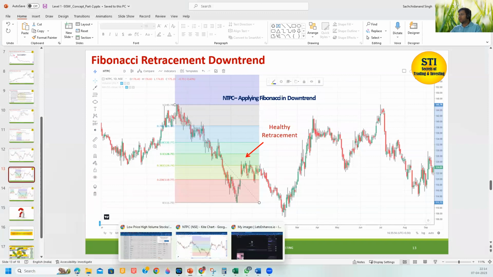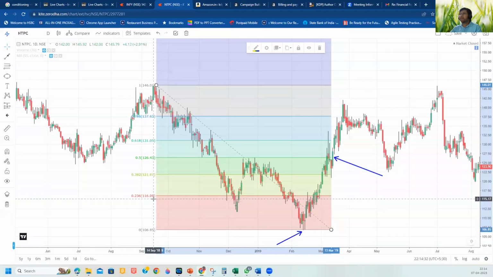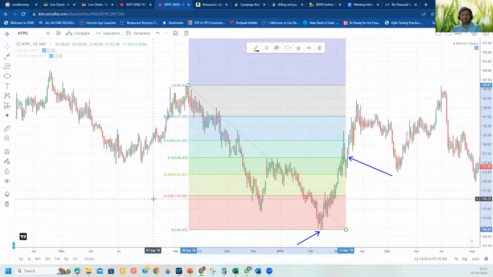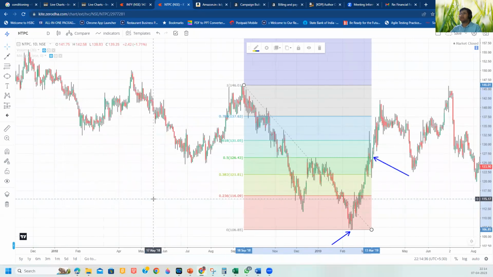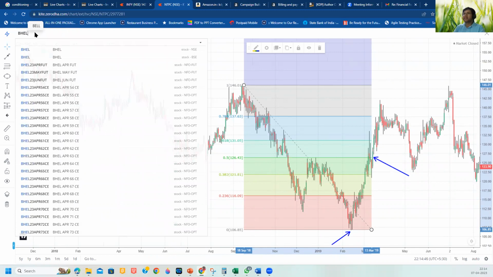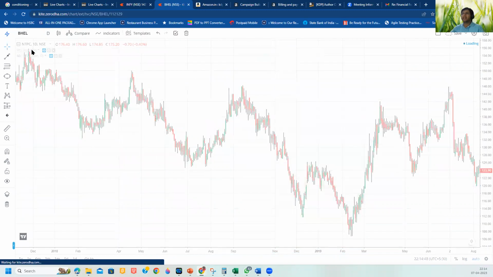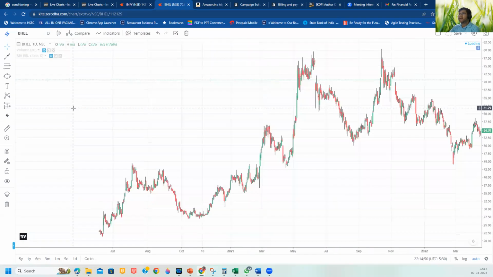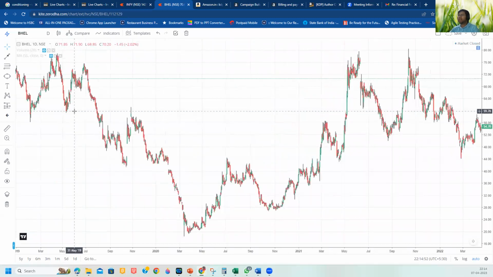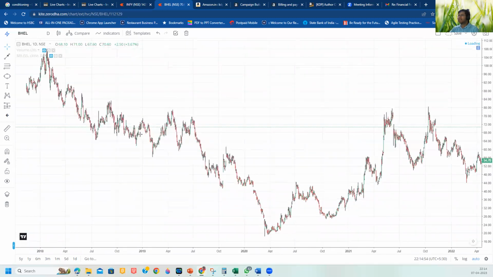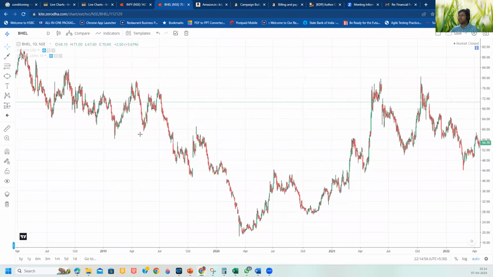So let us take one more last example of fib retracement. Maybe any other stock of your choice you can select. Otherwise, I can show some example. Let us take the example of another company called BHEL. Overall, if you see, in BHEL again we can see a mix of trends.